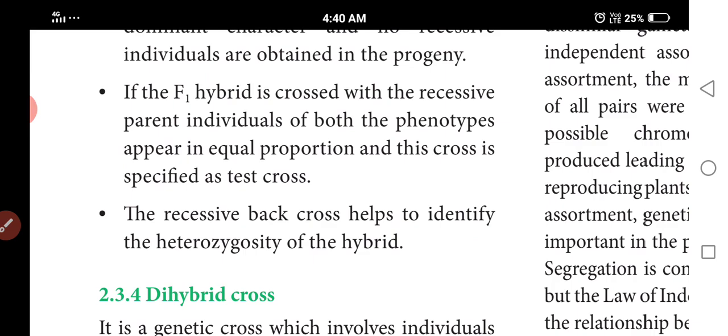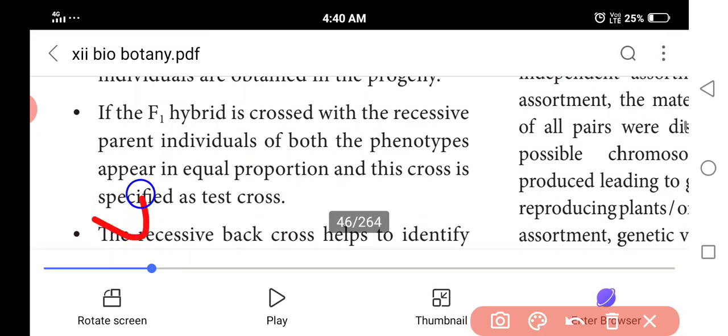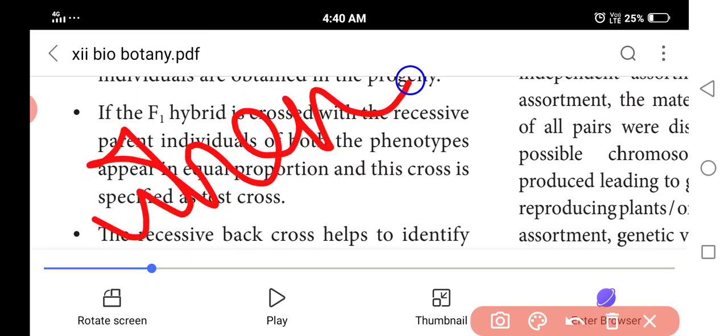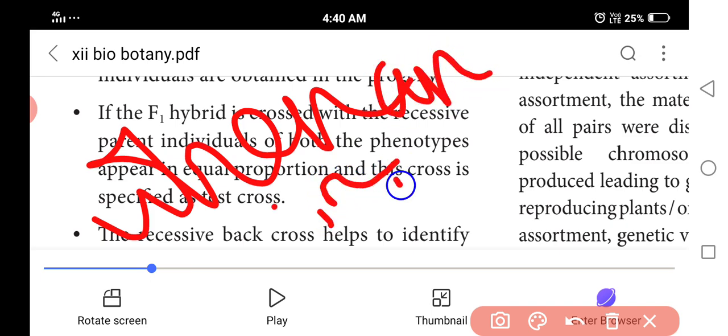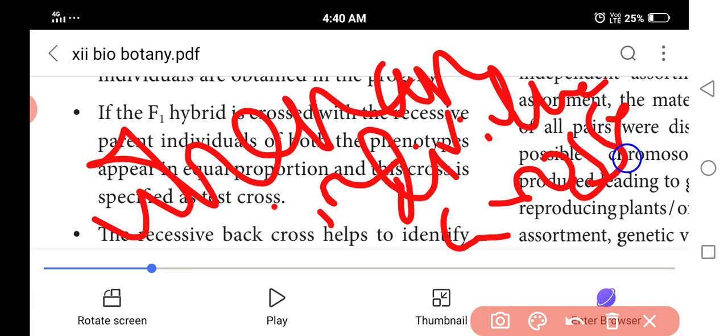So do you know, a backcross is when an individual is crossed with the parent.